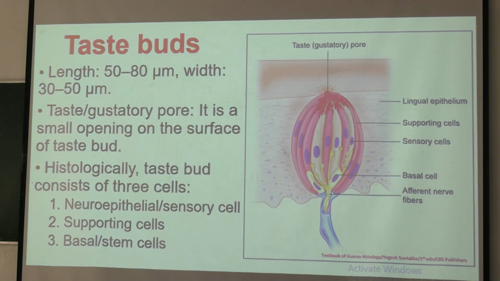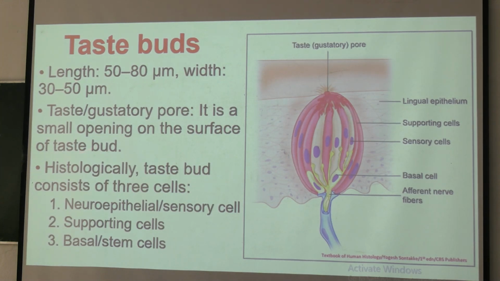Here the yellow structure is the afferent nerve and these lightly staining cells are the sensory cells, and the rest, deep pink colored ones, are the supporting cells, and here lies the gustatory pore, and the taste bud is lying within the whole thickness of the stratified squamous non-keratinized epithelium. See the multiple layers of cells in the epithelium.